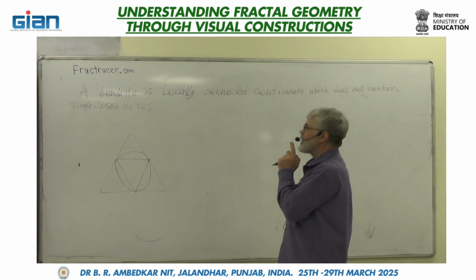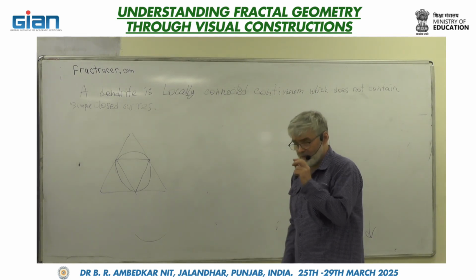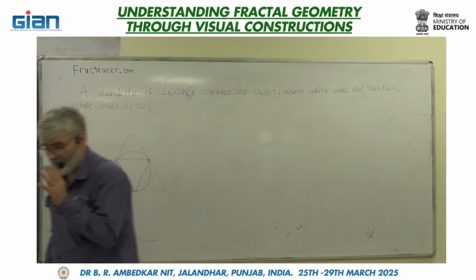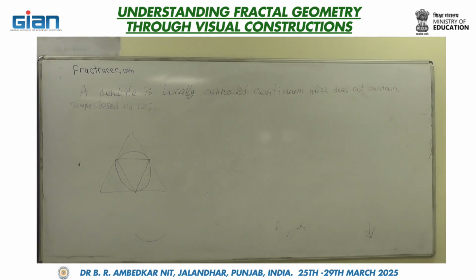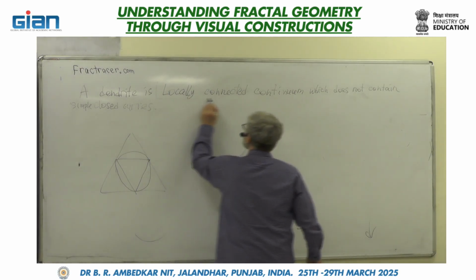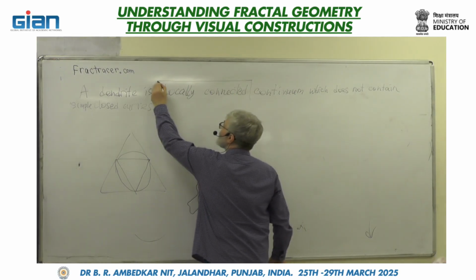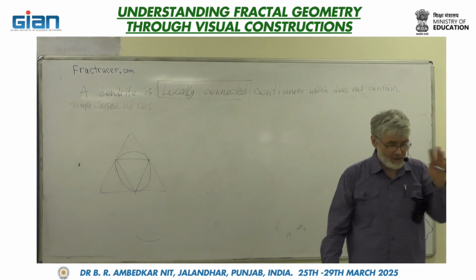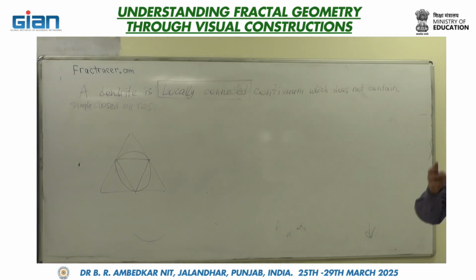If you have self-similar sets whose attractor is connected, then it is locally connected. Yes? So for self-similar sets, this condition is satisfied automatically. If the space is connected, then the attractor is locally connected.